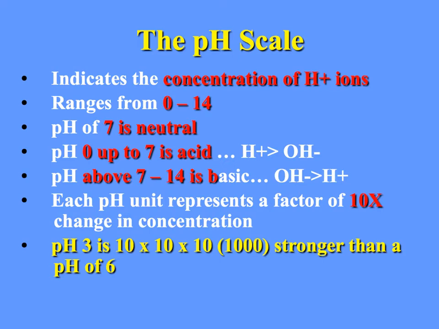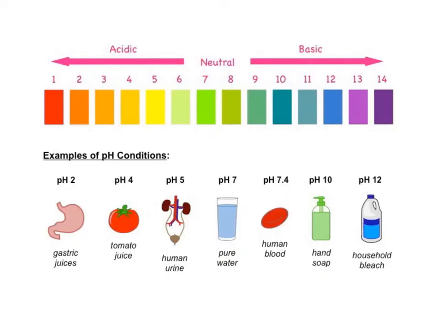And here on the slide, a pH of 3 compared to a pH of 6 is going to be 1,000 times stronger, because each level is a 10 times difference between one level and the next. So what you need to know is the pH scale ranges from 0 to 14. Most of the time we don't include 0 because there's not really too many strong acids like that.